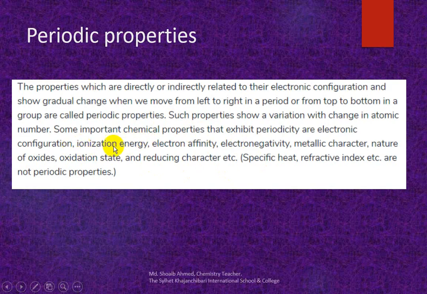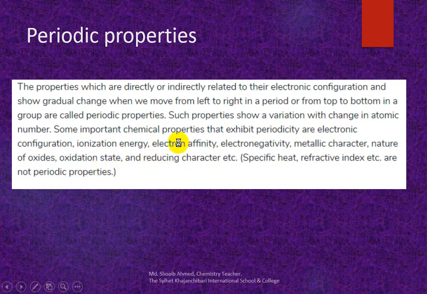Periodic properties, which exhibit periodicity, are electronic configuration, ionization energy, electron affinity, electronegativity, metallic character, nature of oxide, oxidation state, reducing character, etc.